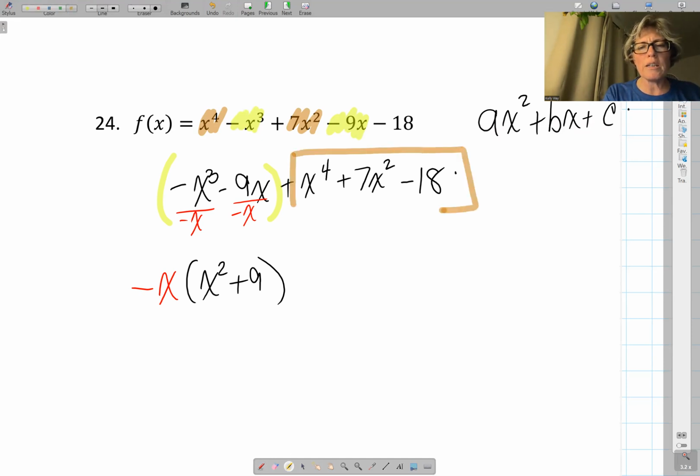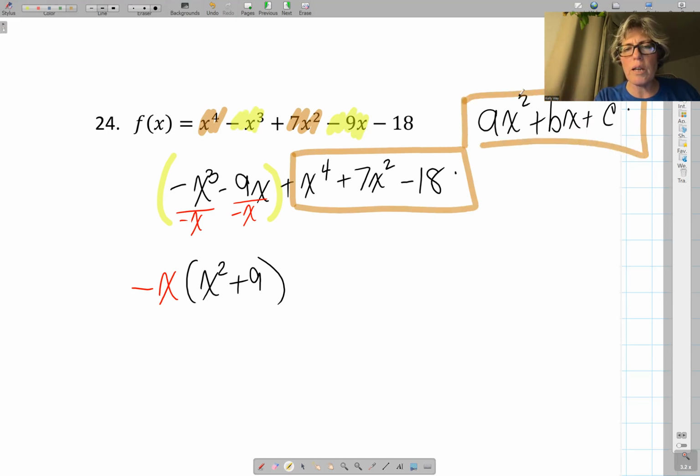Okay, remember, here is the trick. You're trying to get something that sniffs of this. The problem is I have x to the fourth and x squared instead of x squared and x. So what I'm going to do is redefine x squared as a singular variable so it's easier to work with.